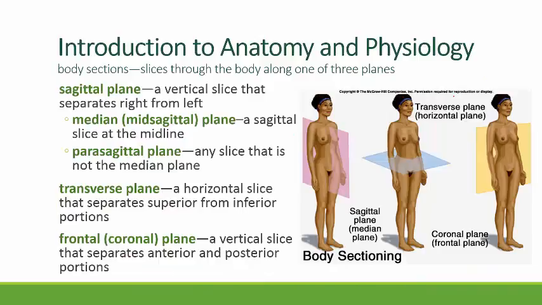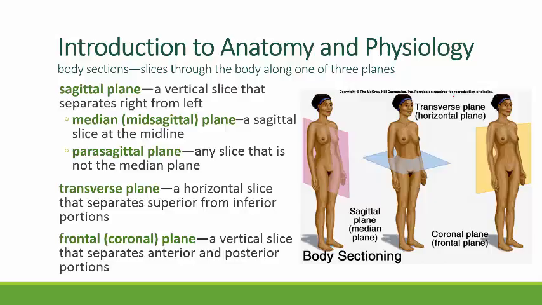All right, so if we are presenting you with images or pictures of slices through the body, we want you to be able to describe those slices, the body sections or planes, so that you can imagine what that really looks like. And the first body section that we can talk about is a sagittal section.